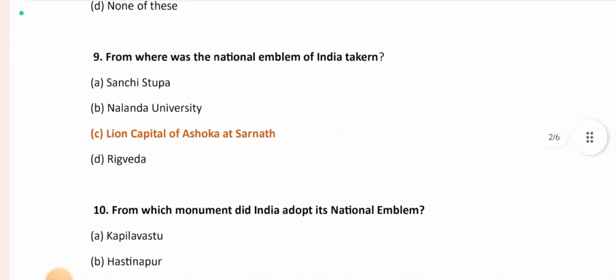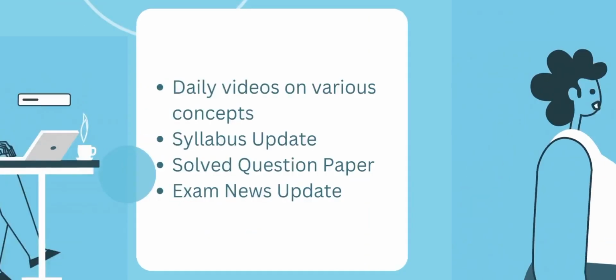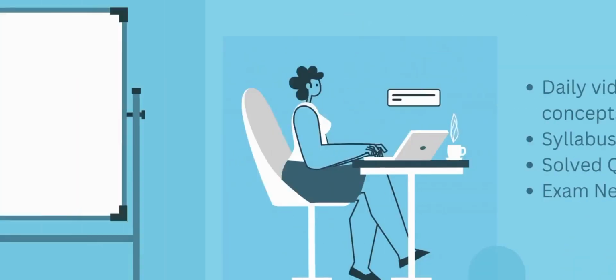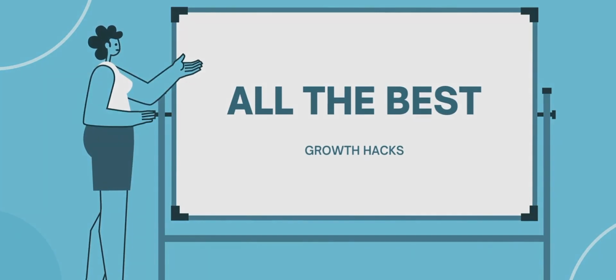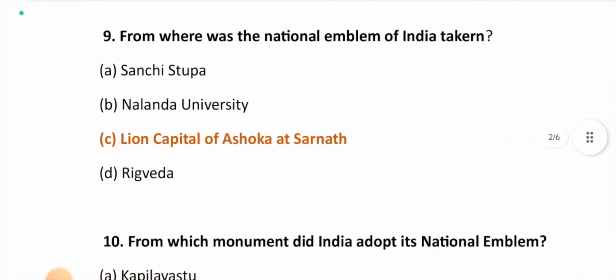Ninth question, from where was the national emblem of India taken? Option C, lion capital of Ashoka at Sarnath.